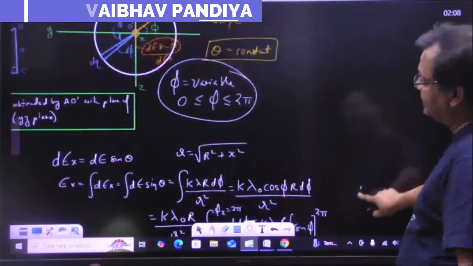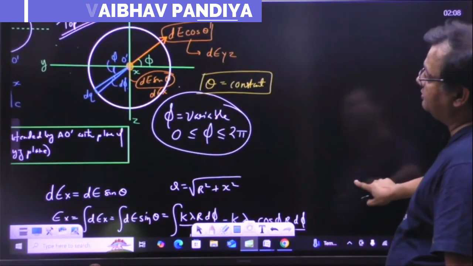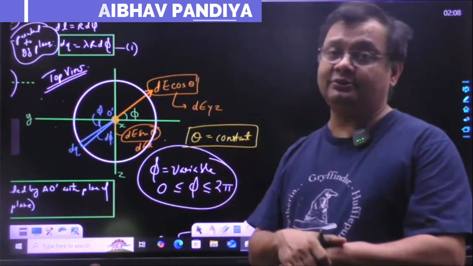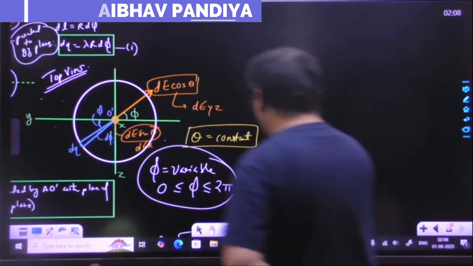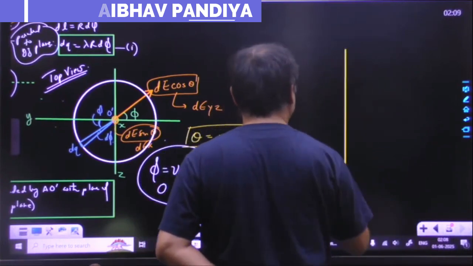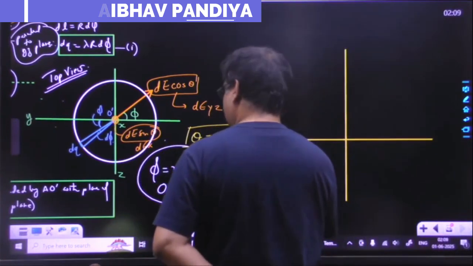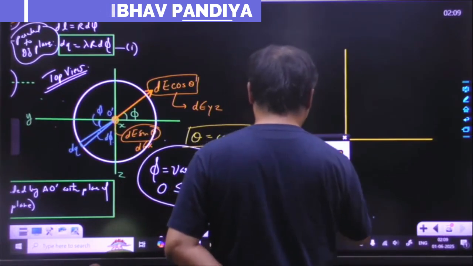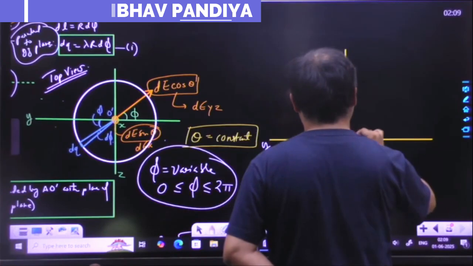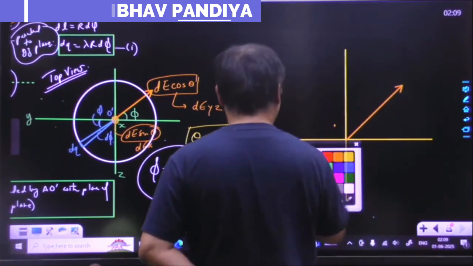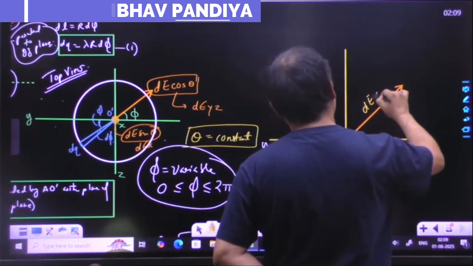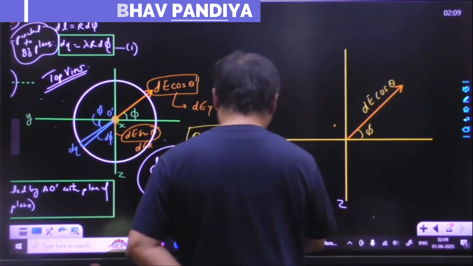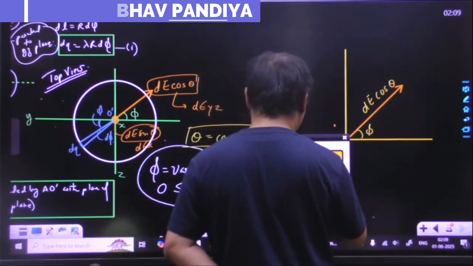Now for finding the y and z components, we have to take further projections, because dE cos theta is neither the y component nor the z component. dE cos theta is the component in the YZ plane. So this is your z axis, this is your y axis, and in this plane we have a projection dE cos theta, and this angle is phi, and phi is a variable which is changing for each charge element.